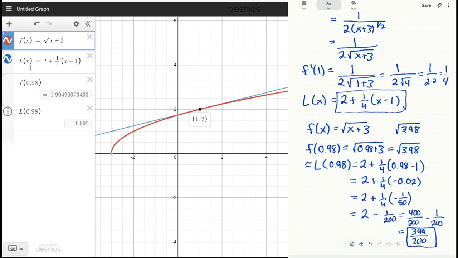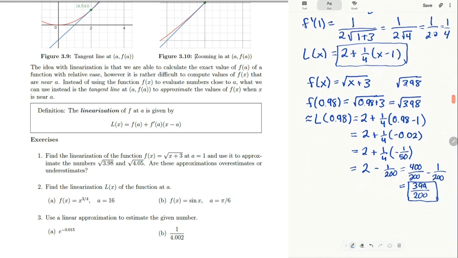We use the linearization to approximate this value. So again, we evaluated L at the x coordinate of 0.98, and the approximation is 1.995. So we see this is a fairly close approximation to the exact value.